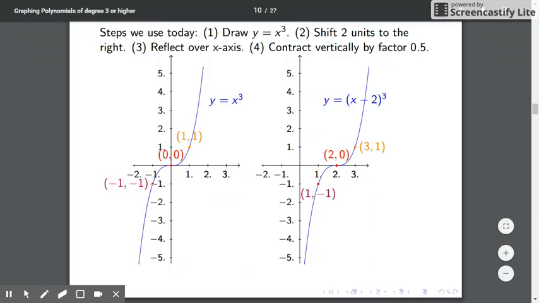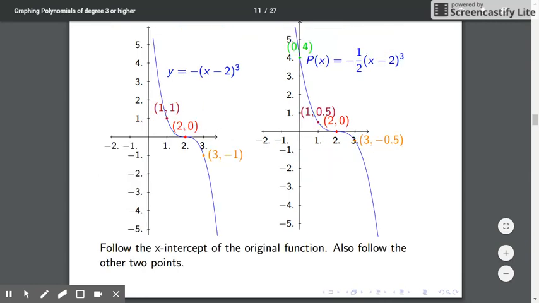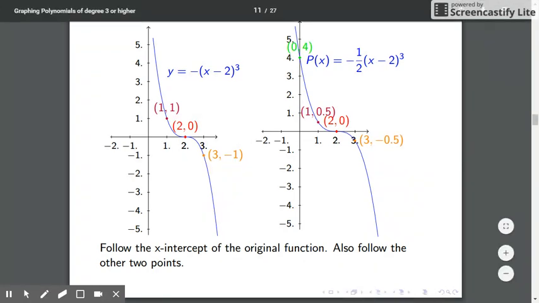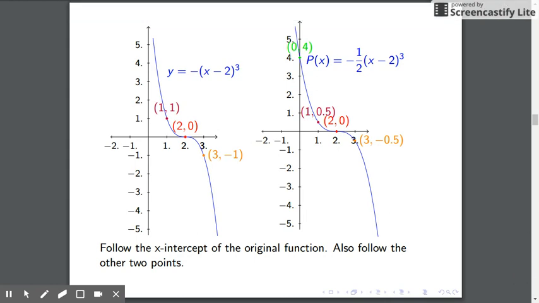If you go back, you see the purple was on the bottom and the orange was on top, and here it reversed because we reflected everything. The last step is to multiply by 1/2, and multiplying the entire rule of the function by 1/2 makes the y's contract to 1/2 of their original value. So here y goes to 1/2 of it, and here y goes to 1/2 of it.